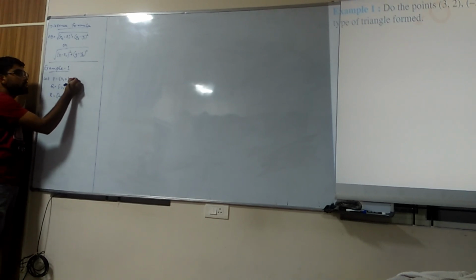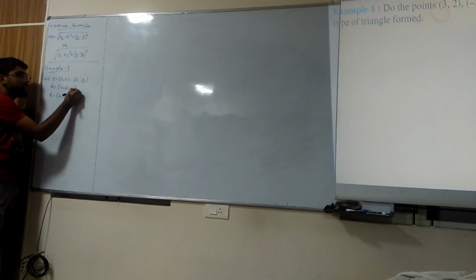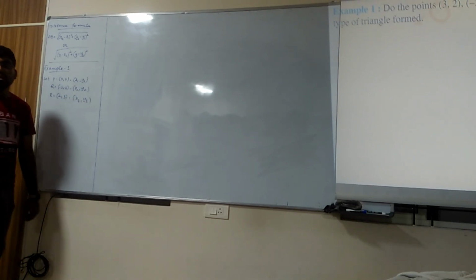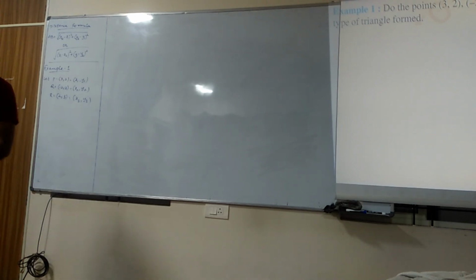I will take the first as x1, y1, the second as x2, y2, and the third as x3, y3. Now, to prove what kind of triangle it is, or whether it forms a triangle, we have to find the distances PQ, QR and RP.